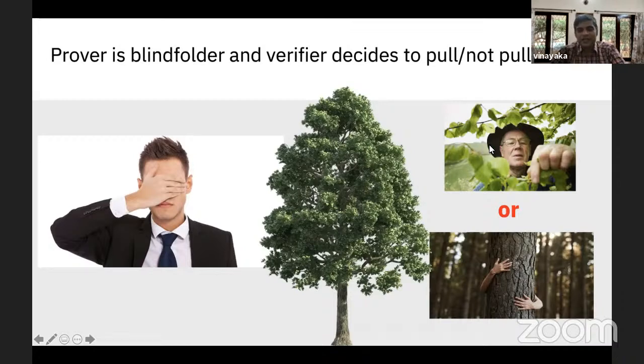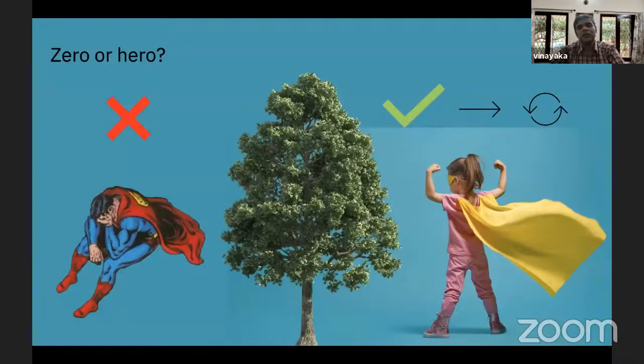The verifier will toss a coin and decide whether to pluck one leaf or not. The verifier decides either to pluck a leaf or not pluck a leaf. After that, they will ask, tell me whether I plucked a leaf or not.